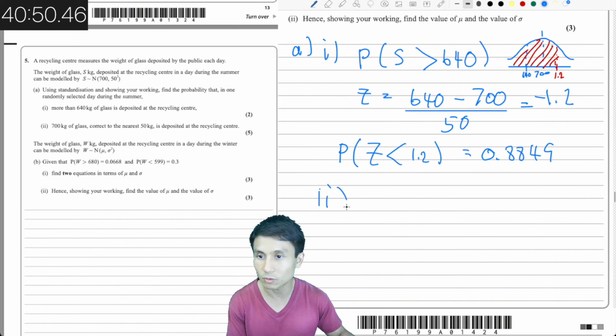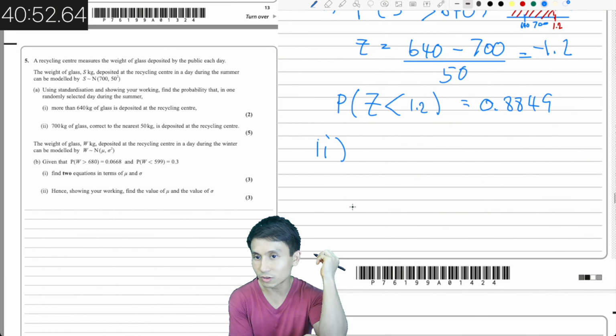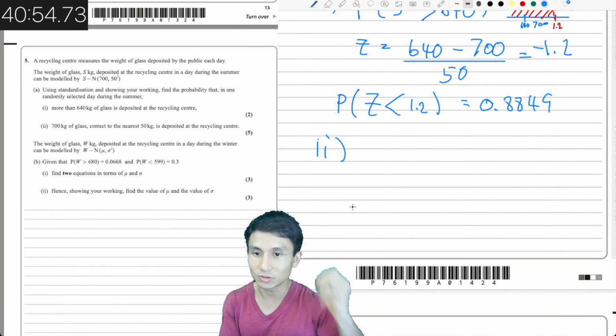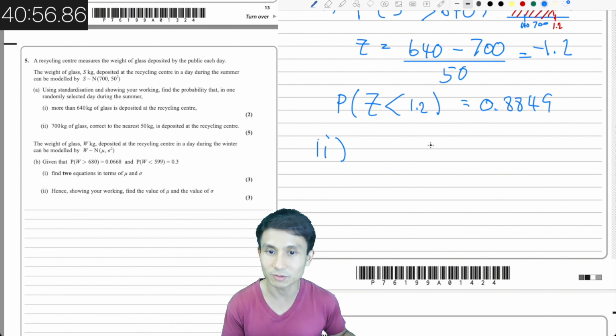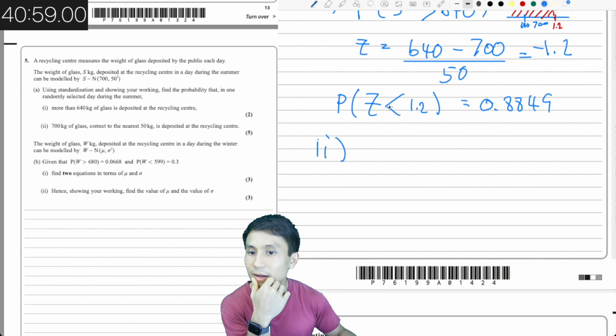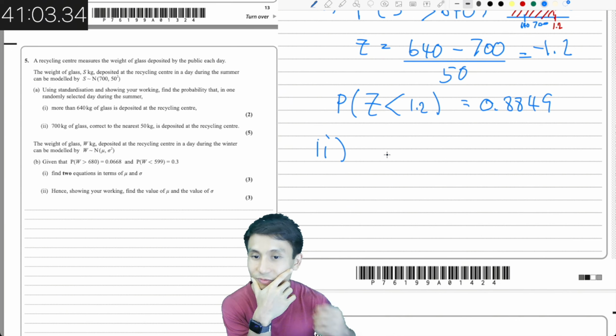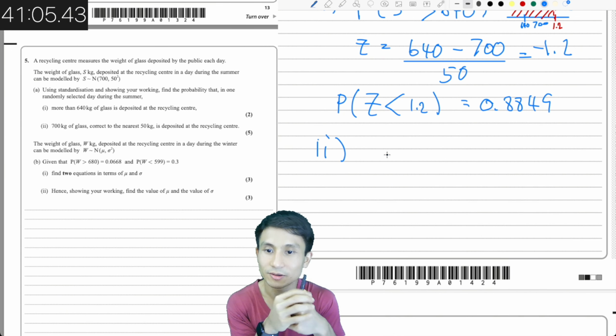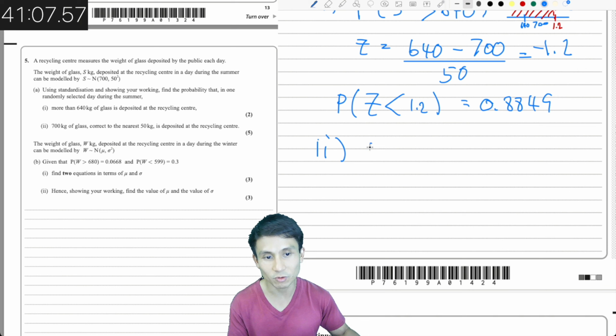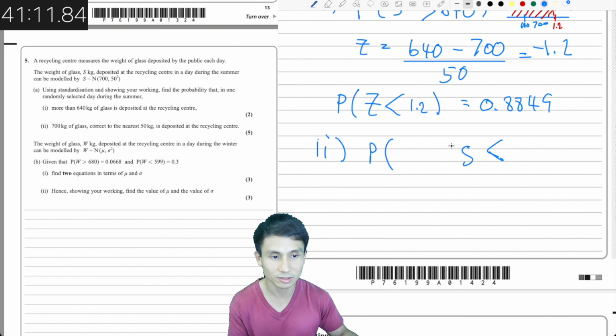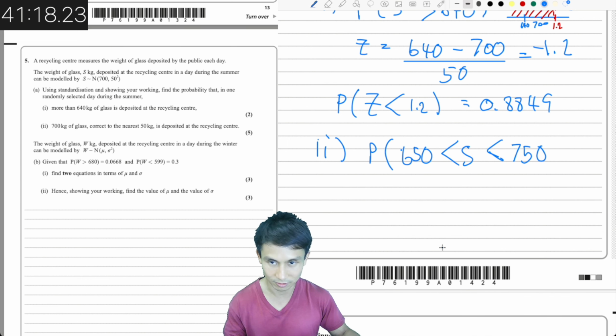And then the second one: 700 kilograms of glass, correct to the nearest 50, is deposited at the recycling center. 700 kilograms of glass corrected to the nearest 50. I see. Okay, so basically we want the probability of S being in this range. So it's 750 and 650, right?